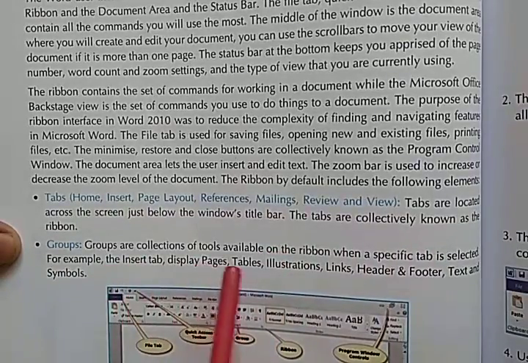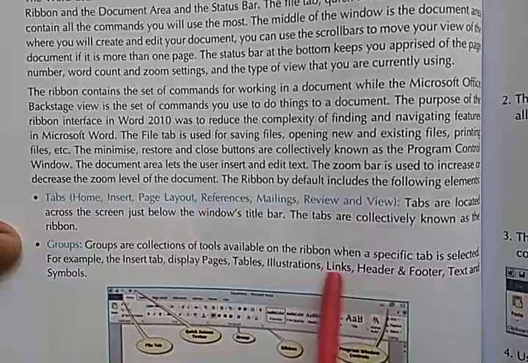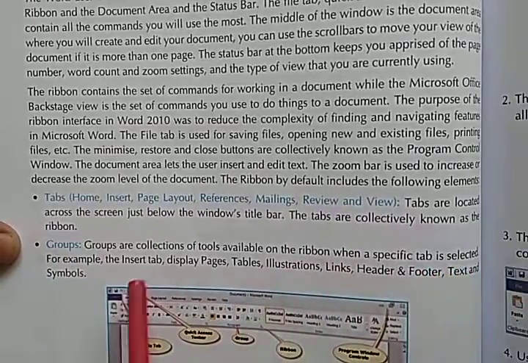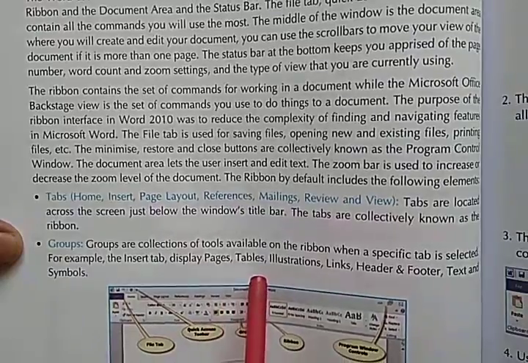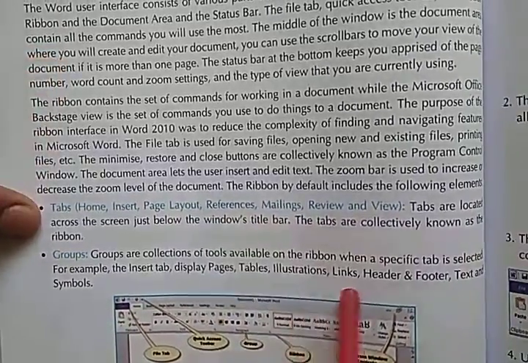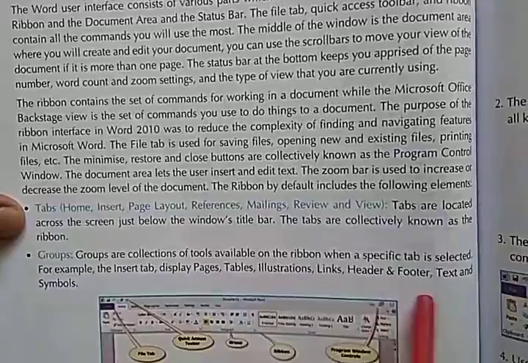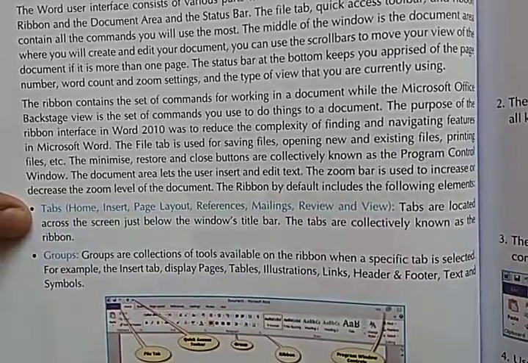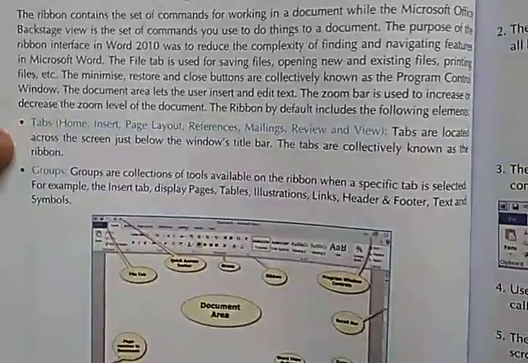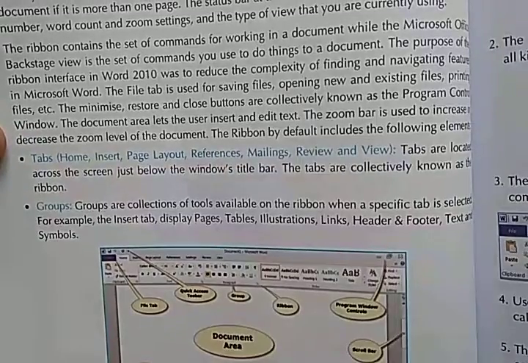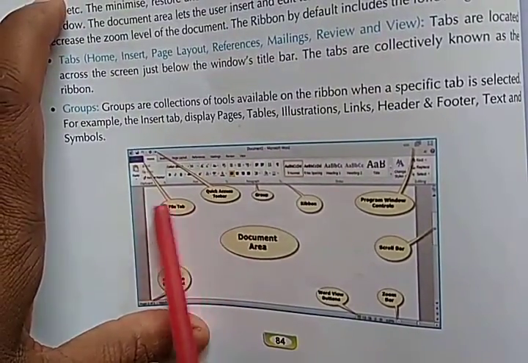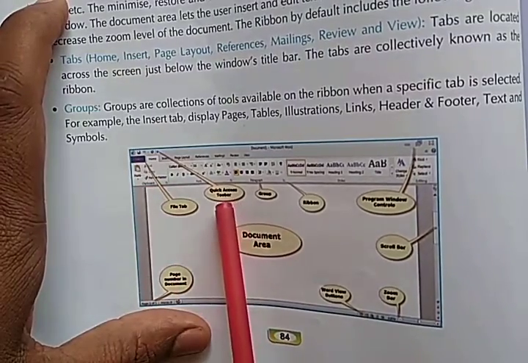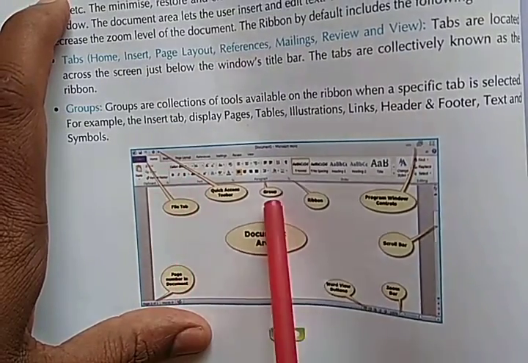Groups are collections of tools available on the ribbon when a specific tab is selected. For example, the Insert tab displays pages, tables, illustrations, links, header and footer, text and symbols. As shown in this diagram or picture, this is the File tab, Quick Access toolbar and Group.